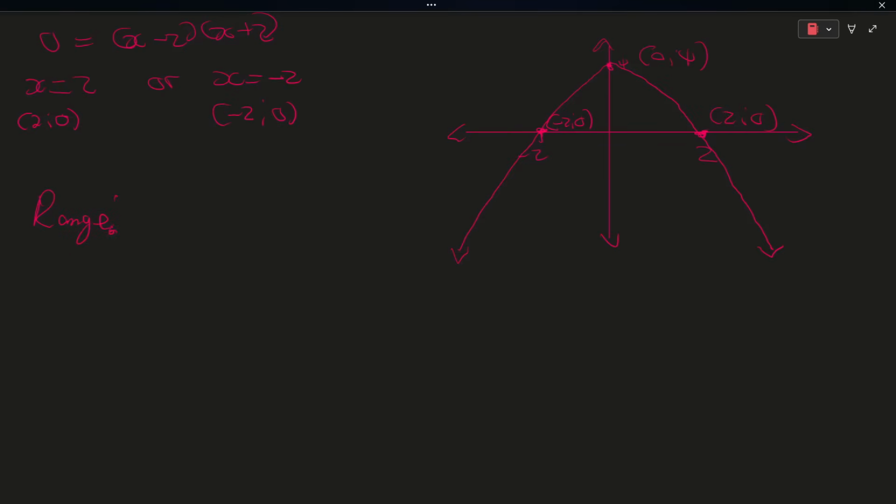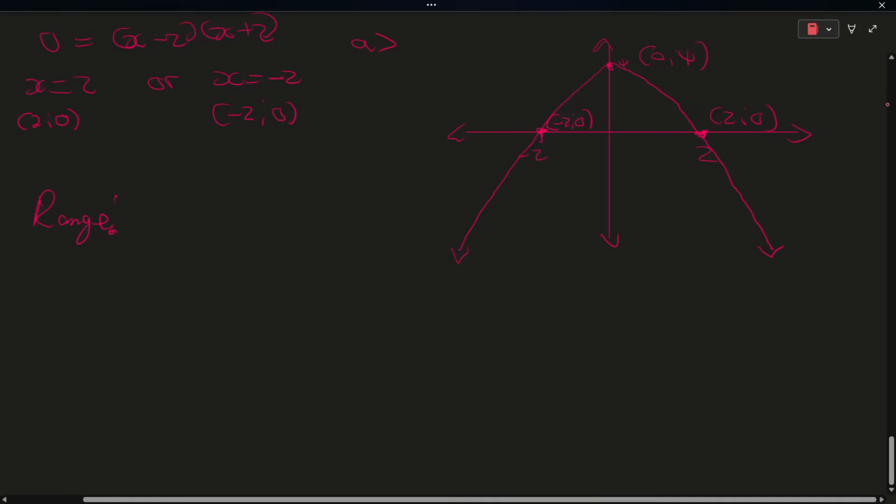Range. Since you know this graph is concave down, it means that a is less than 0.